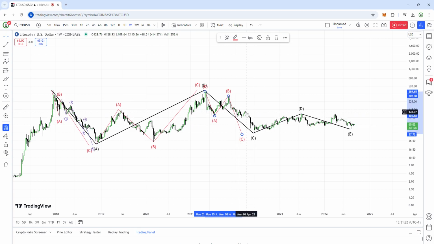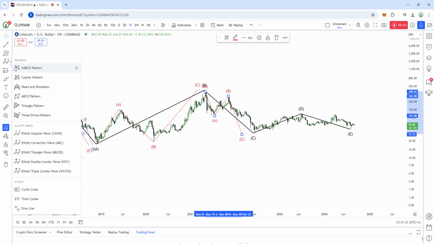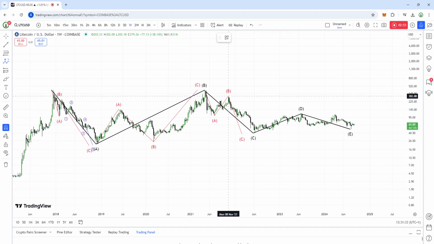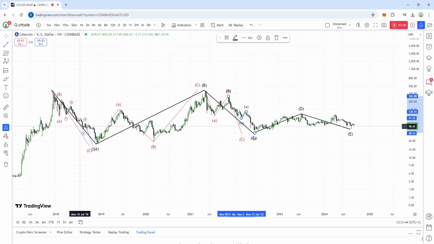Although, to be fair, that looks like another ABC or a WXY. A WXY is just an intermediary corrective pattern within ABCs. So a C leg could be another ABC, or it could be a 5 count, 1, 2, 3, 4, 5, like up here. They come in different patterns.